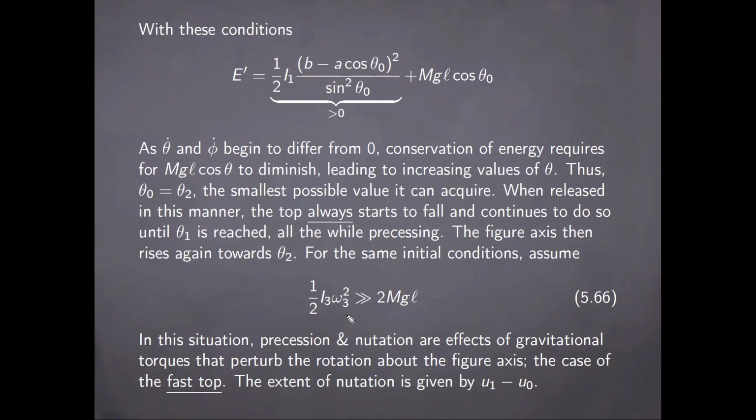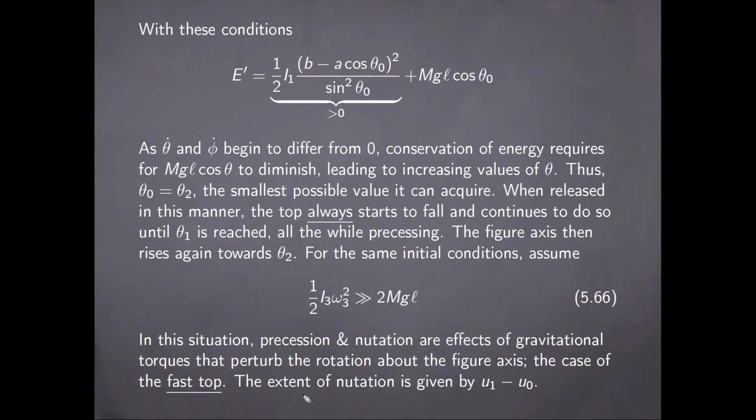In this situation, where the spin rotational energy is much larger than the kinetic energy, precession and nutation are effects of gravitational torques that perturb the rotation about the figure axis. This is the case of what is known as the fast top.